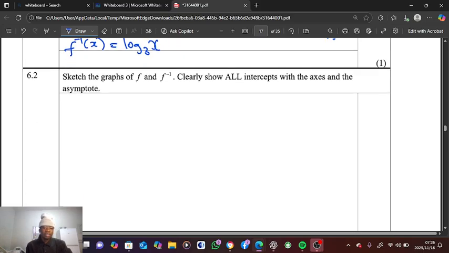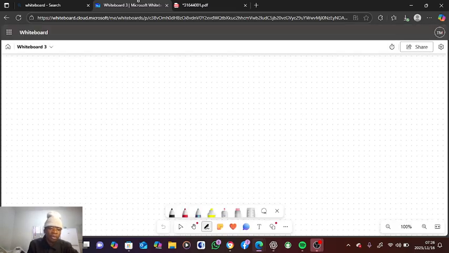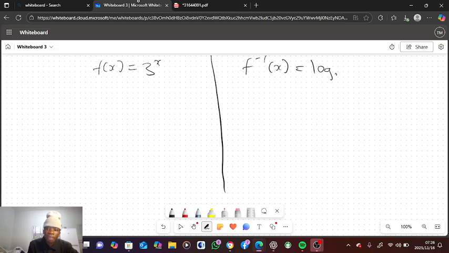Then they say sketch the graph of f and the graph of its inverse, clearly showing all intercepts with the axes and the asymptote. So we are going to use the whiteboard to solve this. We have f(x), which is equal to 3 to the power of x, and you also have the inverse of f, which is the same as log base 3 of x. For this side, the x-intercept, we know that y is equal to 0.